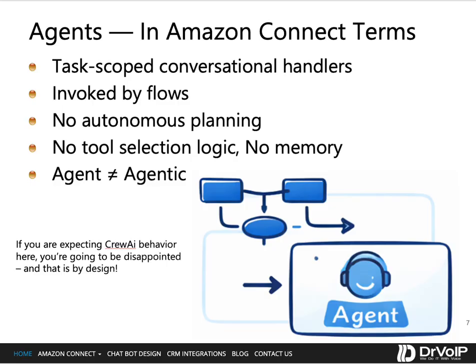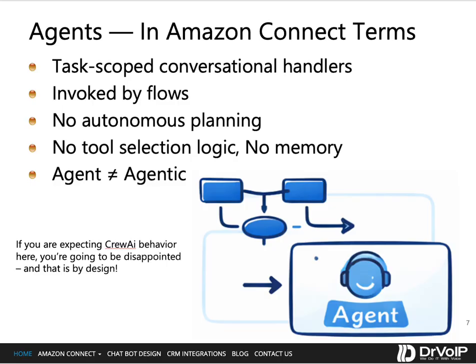But you put these in your contact flows the way you previously put prompts and get customer input and those kinds of steps. There's no autonomous planning, no tool selection logic, no memory. And by the way, if that sentence does mean anything to you because you've come from an Amazon Connect background, that's great.